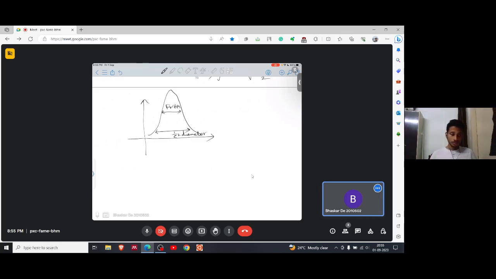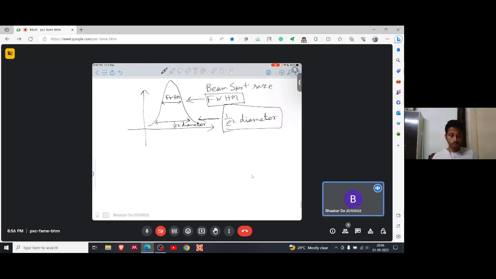So when we talk about the beam spot size, we can either write the FWHM, which is this one, or this thing, the 1 by e square diameter. So these two things are used to denote a Gaussian beam, or to denote the spot size of the beam.